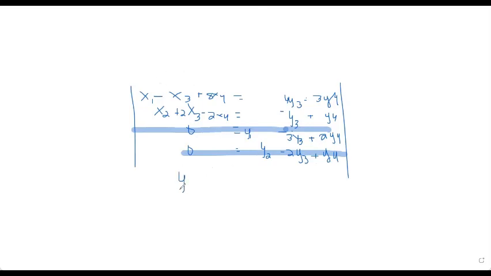So you can say that y1 equals -3y3 plus 2y4 and y2 equals -2y3 plus y4.